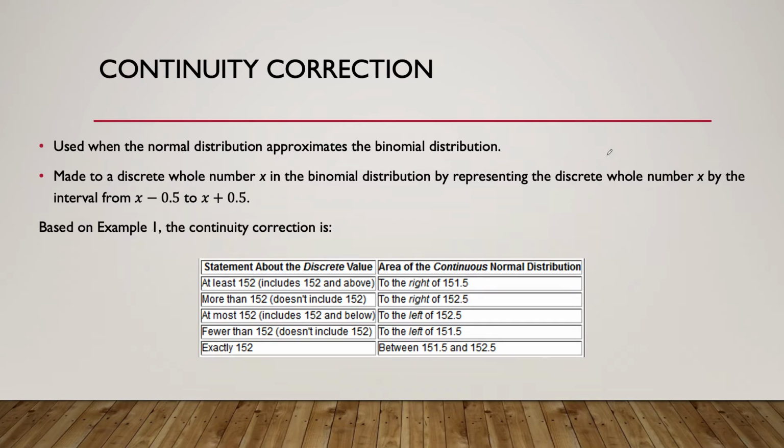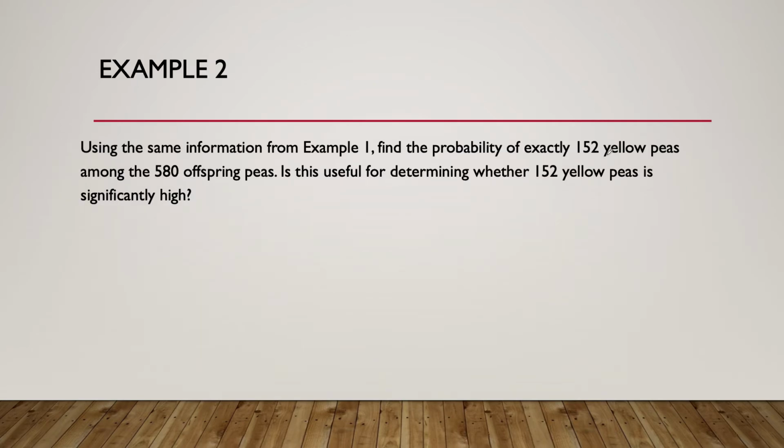At least 152 is to the right of 151.5. More than 152 will be to the right of 152.5. At most 152 is to the left of 152.5. And fewer than 152 is to the left of 151.5. Exactly 152 is between 151.5 and 152.5. Again, based upon this normal approximation.